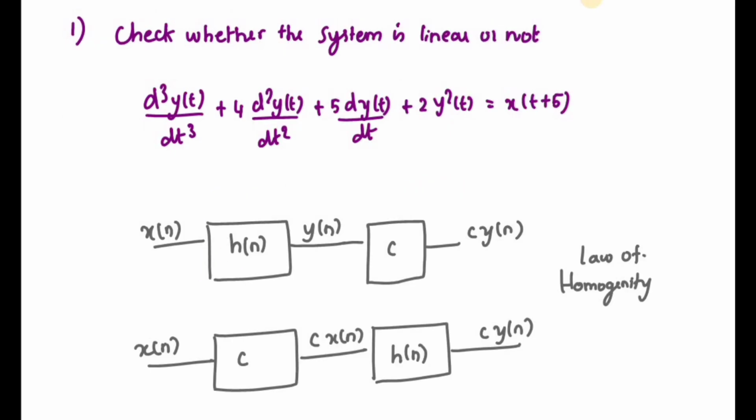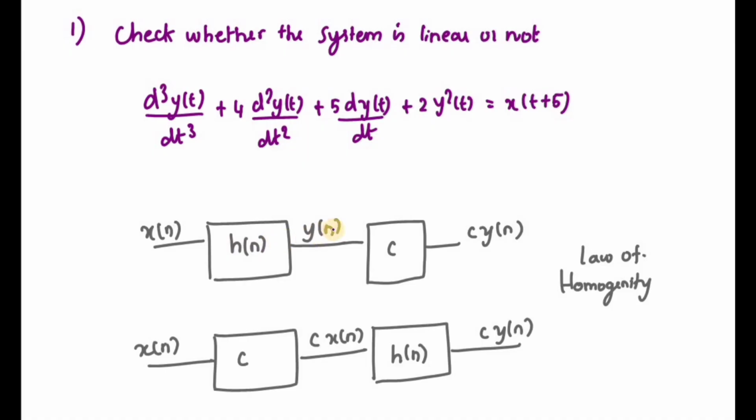So what does homogeneity mean? Suppose this x of n is my signal, and it is given to a system h of n, you will obtain the value of y of n. So y of n is equal to x of n convolution h of n.